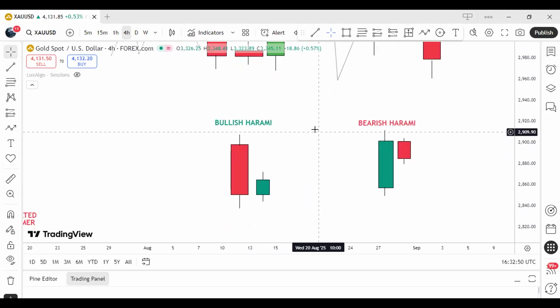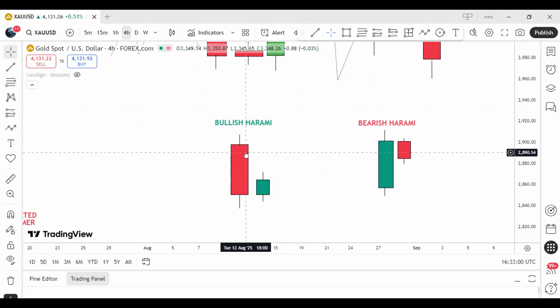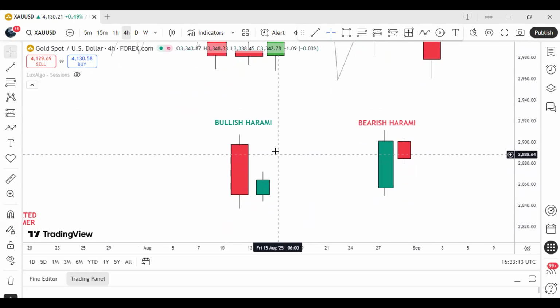So the next, the last but not the least on our list there, we have the bullish and the bearish harami candlesticks, right? These consist of two candlesticks, which is like a mother and a son, right? A mother, or something, a woman that is pregnant, actually. Let me use that concept.